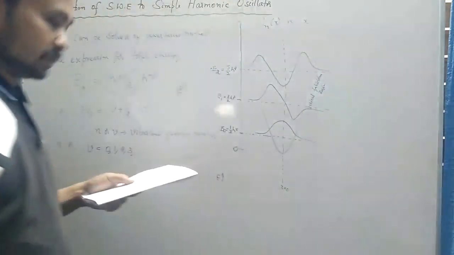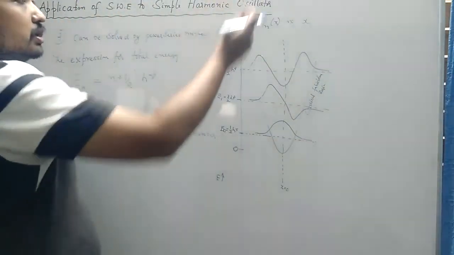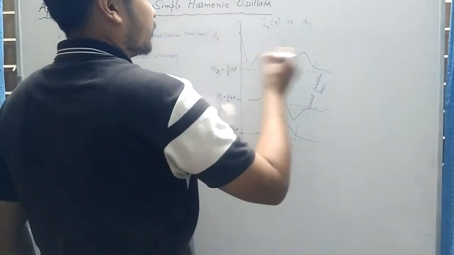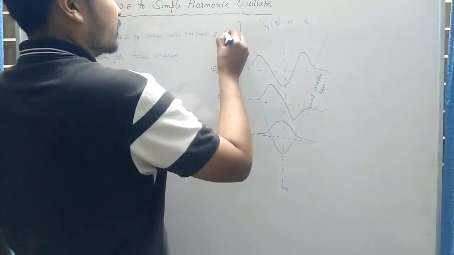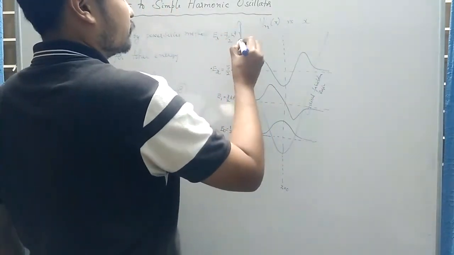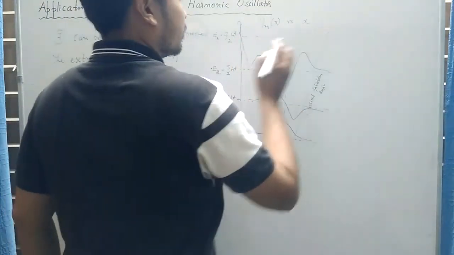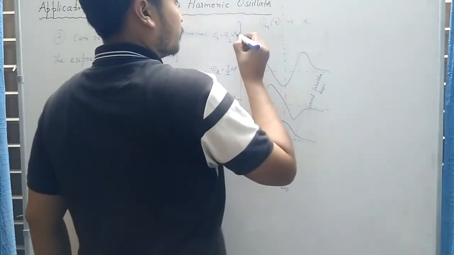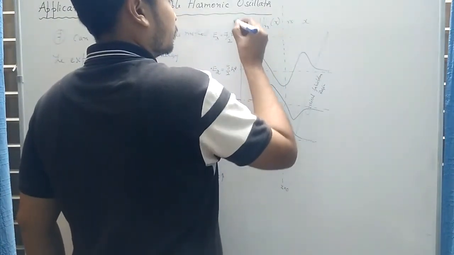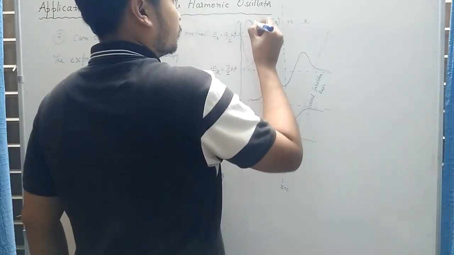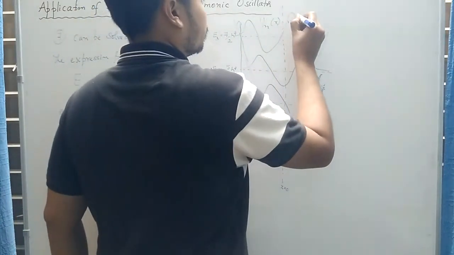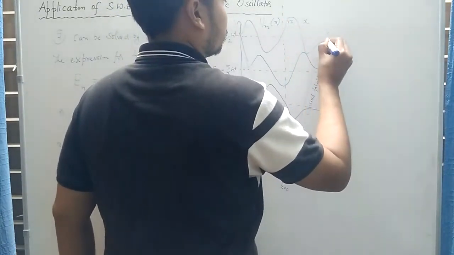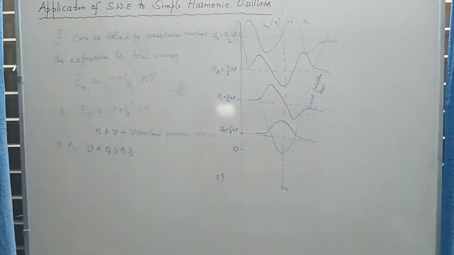Similarly, for n is equal to 3, E3, which is 7 by 2 into h nu, the graph should contain four half waves and so on.